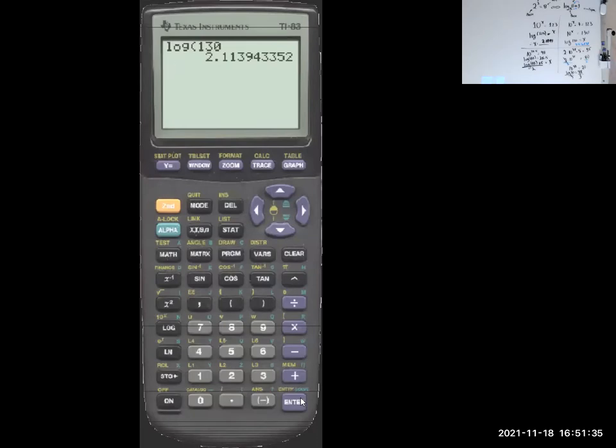That would be the exponent of 10. So if I go 10 raised to that number, and then I subtract 7, minus 7, better be 123. Voila, 123.